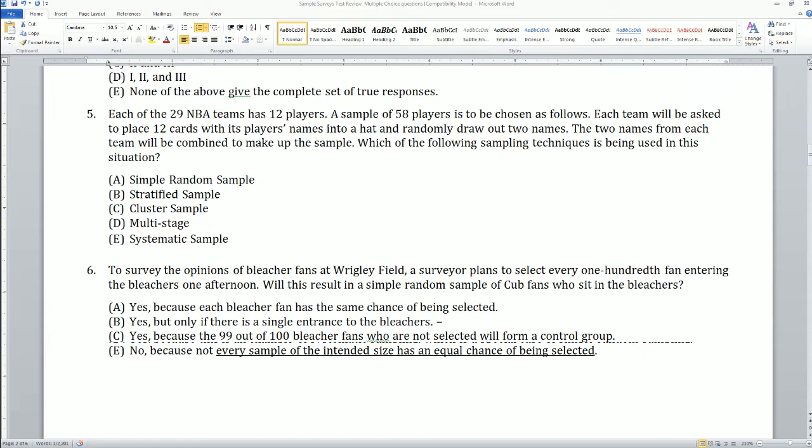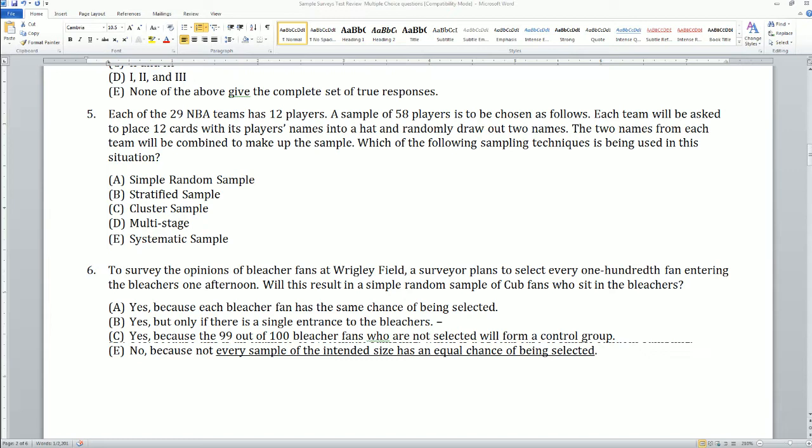Is it systematic? E. Why do you say it's systematic? Because you have a sample of 58 players, and then you put the 12 cards, and then you select two names.